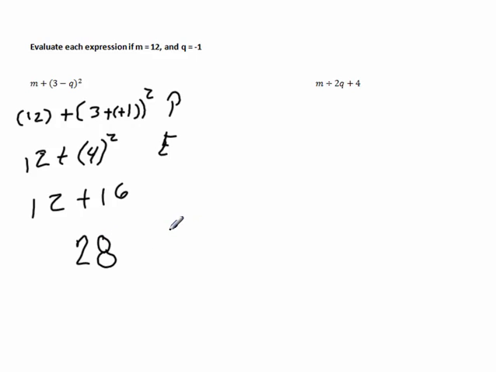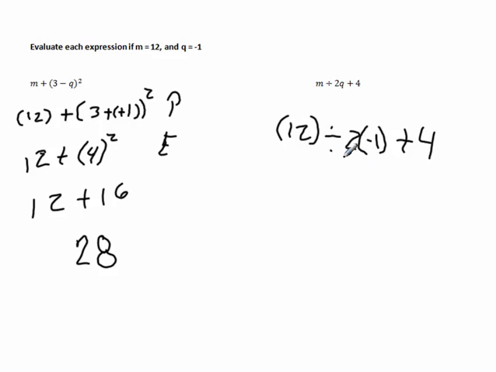Same thing here. We're going to replace M with 12, and we're going to divide by 2 times Q, which is negative 1, and then add 4.